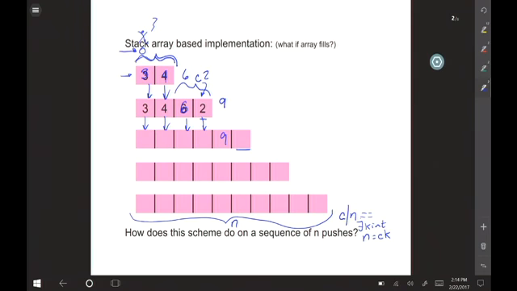Okay, so I'm going to draw a few more arrows on this picture. And I'm going to observe the following. It's really only the arrows that constitute what feels like unnecessary wait time or extra waiting time.